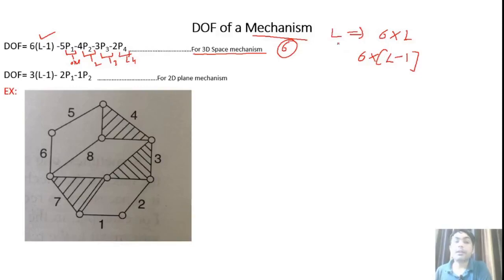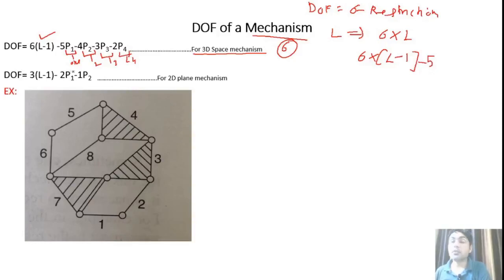Now, you studied last time that degree of freedom is equal to 6 minus the number of restrictions. If degree of freedom is equal to 1, then restrictions are equal to 5, meaning we have restricted 5 degrees of freedom.